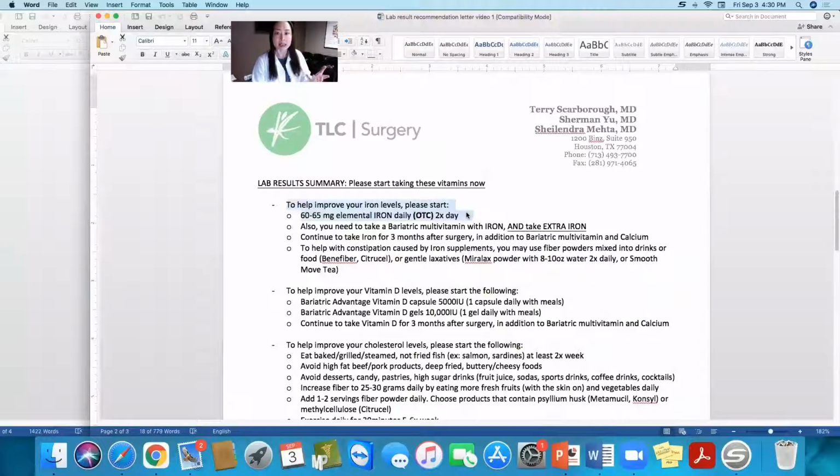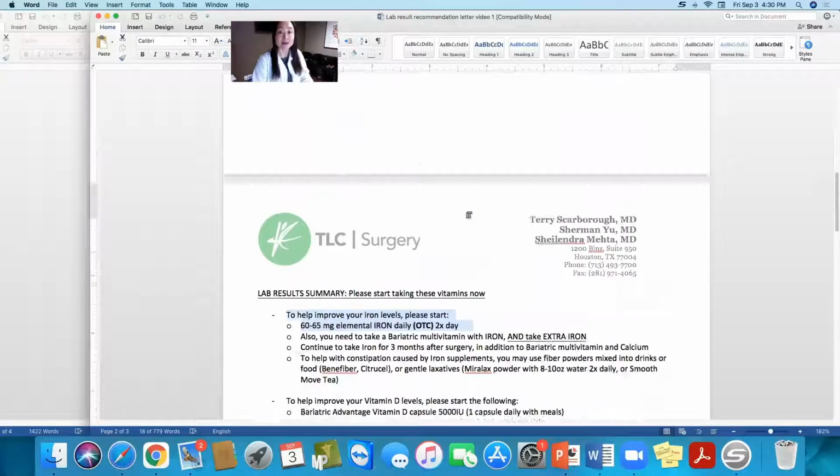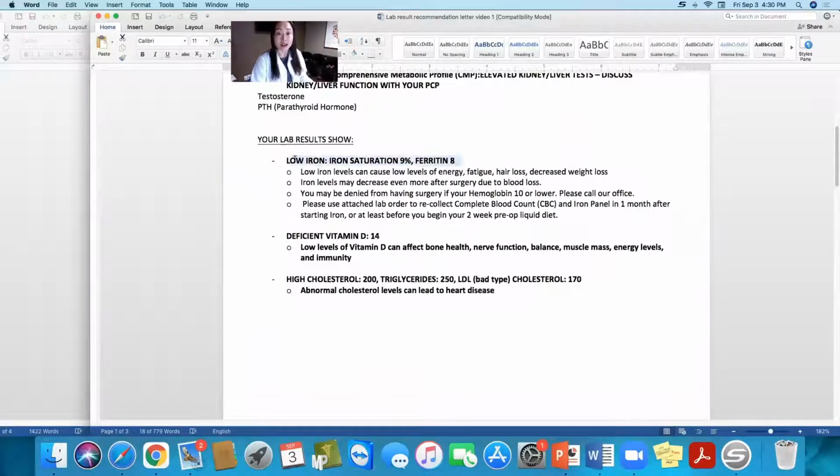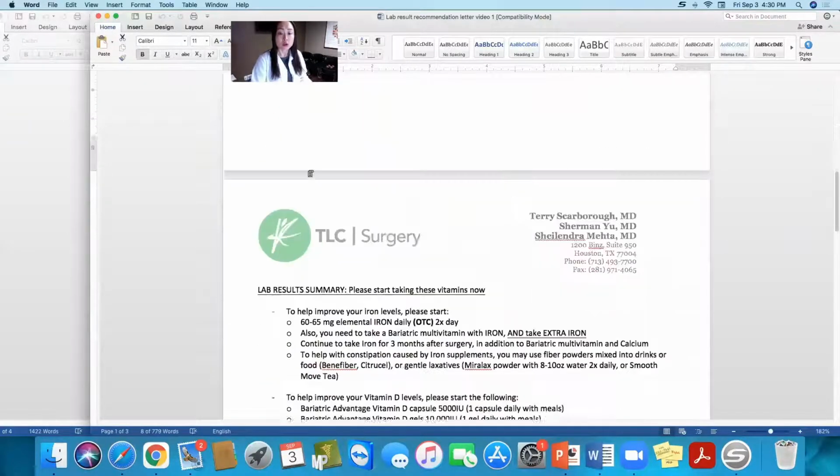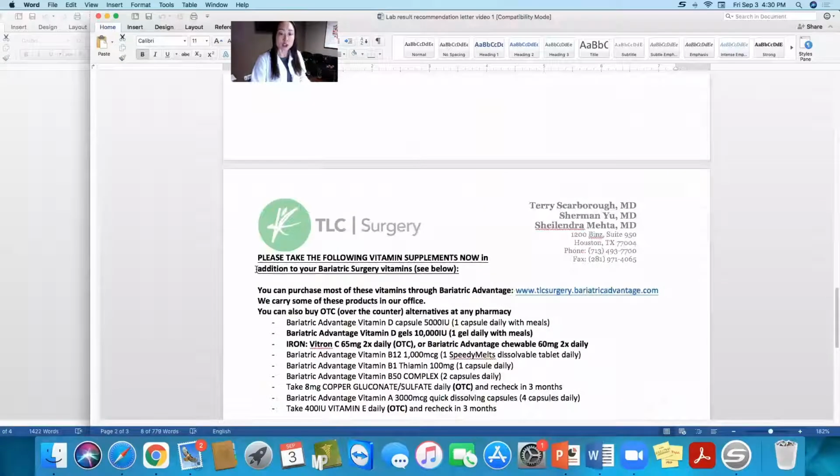So should I take extra? Yes, because the vitamin that you're taking right now doesn't have enough extra iron, and that's why your iron levels are coming out low. So remember, in addition to your bariatric vitamins, you need to take the following extras.